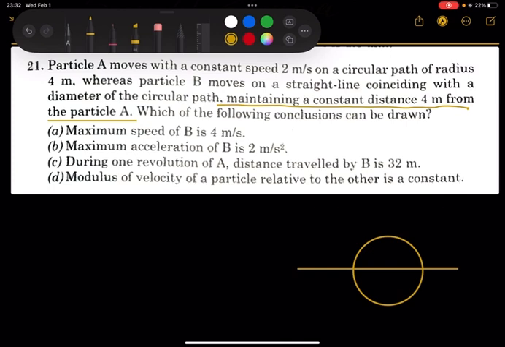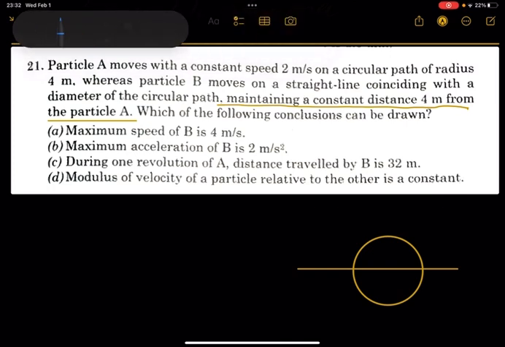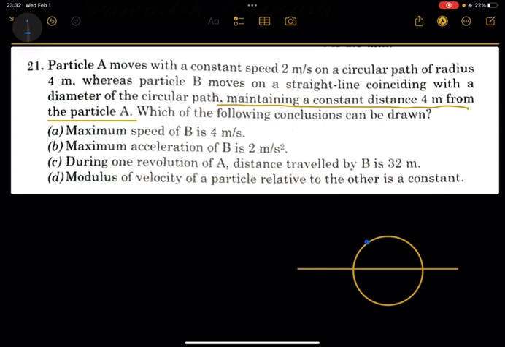So suppose at any instant this B is moving with the velocity VB or some acceleration, and A is moving along the circular path with a speed of 2 meter per second. Of course, we can say that if it is maintaining the distance 4 meter, the radius of the circular path is also 4 meter.